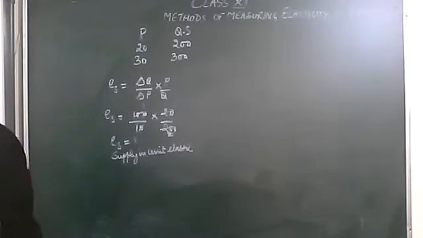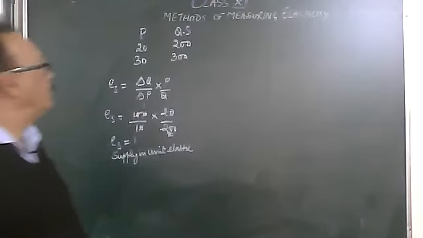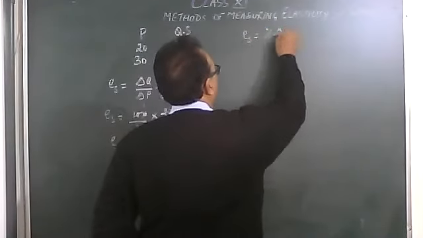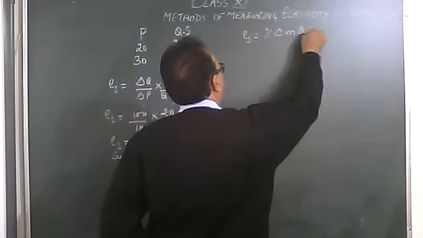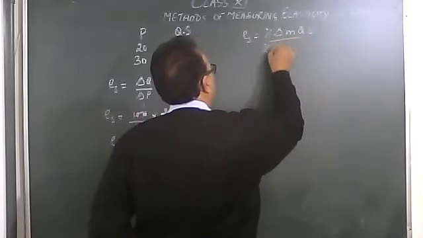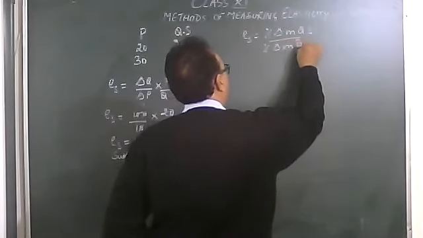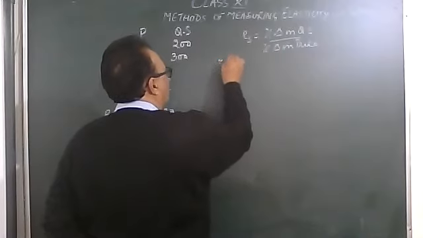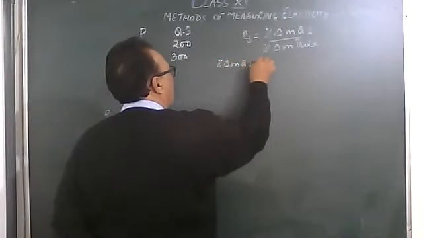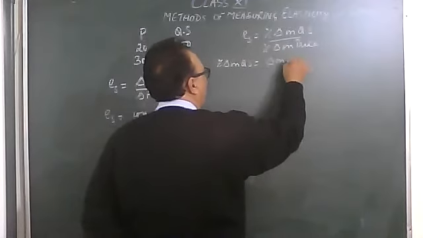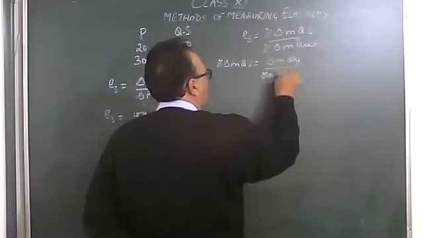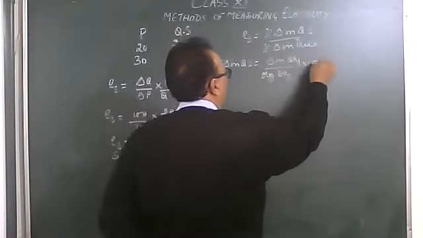Let us do the percentage method. Elasticity of supply is equal to percentage change in quantity supplied upon percentage change in price. Percentage change in quantity supplied is equal to change in quantity upon original quantity into 100.